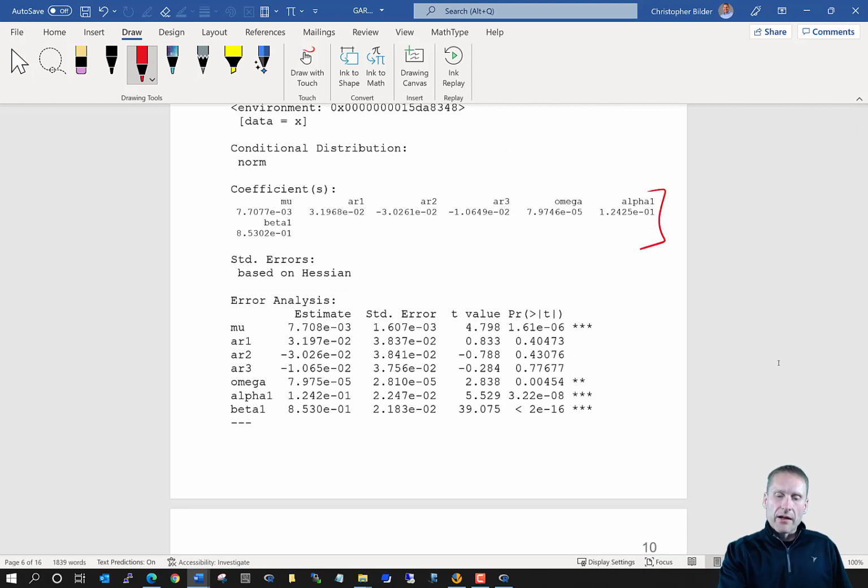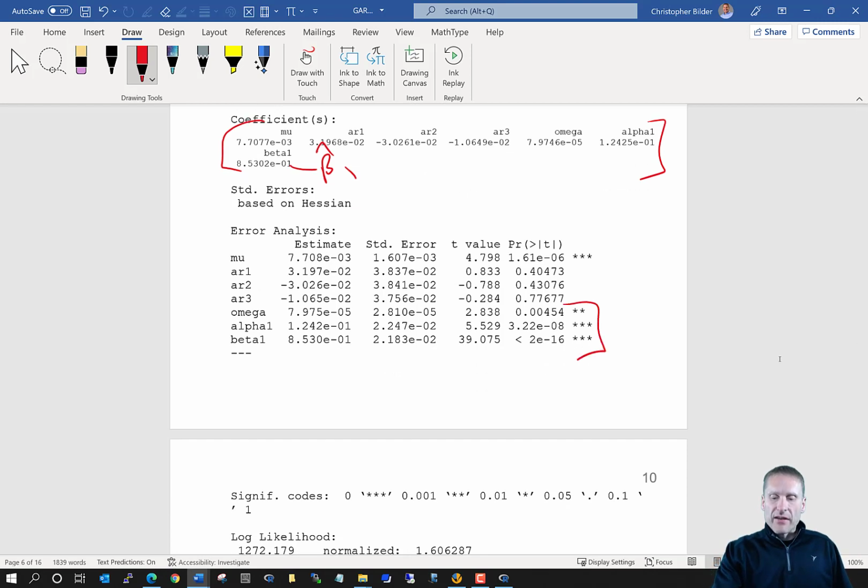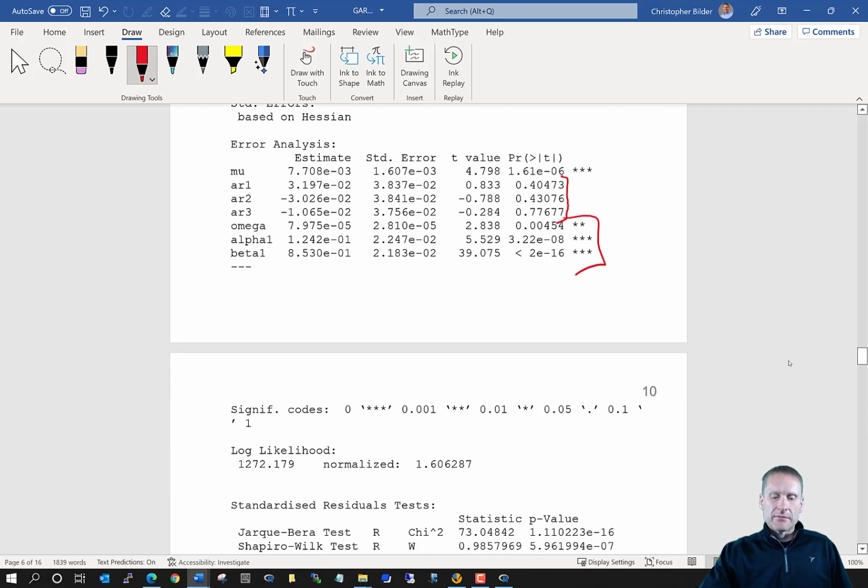Here are the corresponding parameter estimates. For example, this is beta hat 1 now for our GARCH model. Notice here we have significant parameters, or the parameters are significantly different from 0, for the GARCH part. But for the AR part, oh, non-significant now. And I forgot to mention before they were actually significant before we included the GARCH.